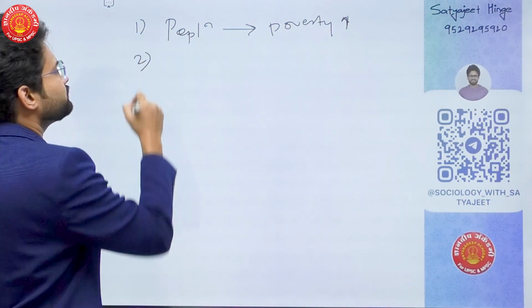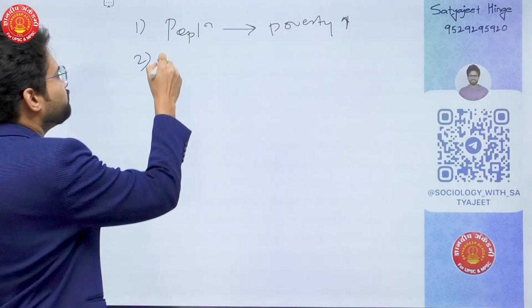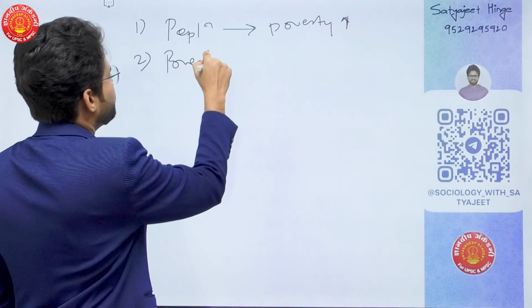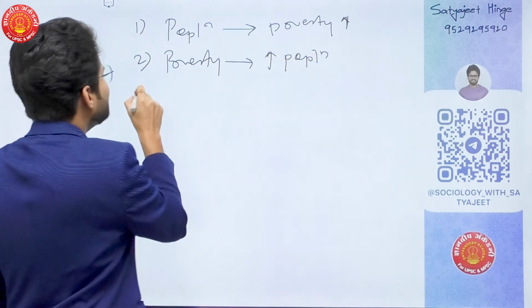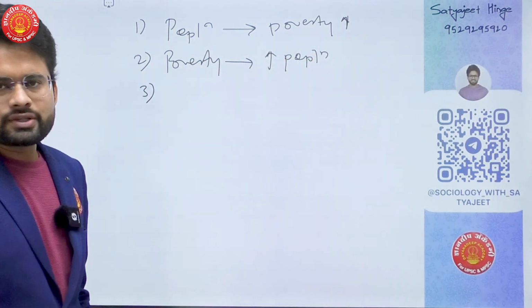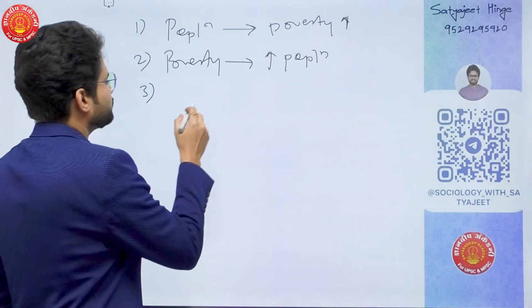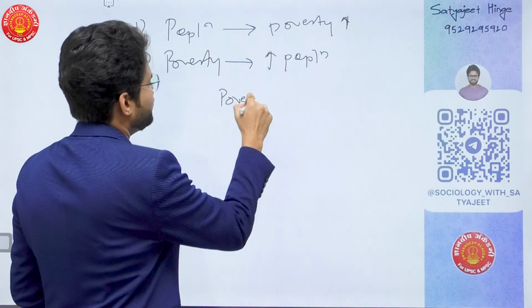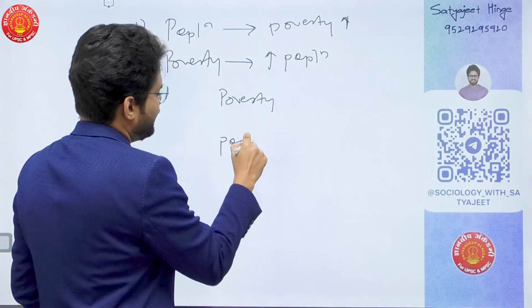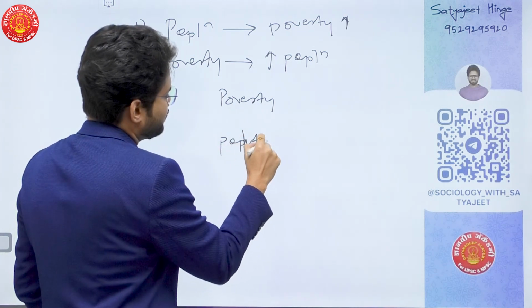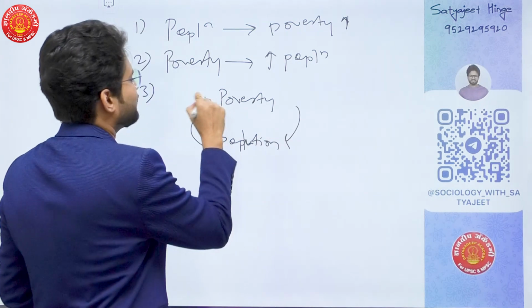Secondly, we can also argue with a few points: poverty is the leading cause of population increase. And the third dimension in this answer can be that these two concepts, poverty and population, are interdependent, and increase in one leads to increase in the other.